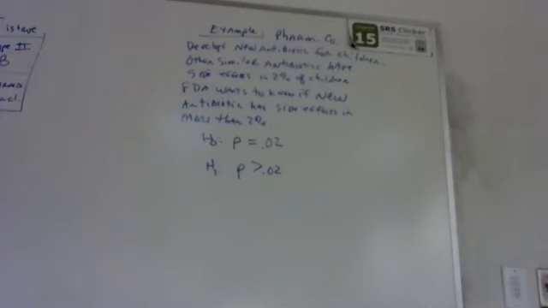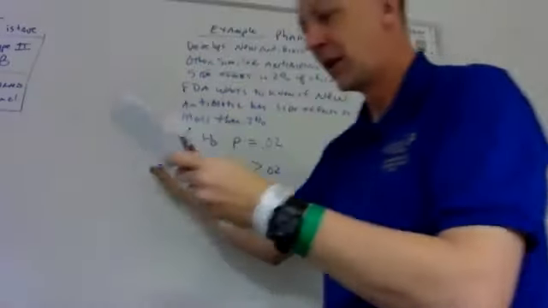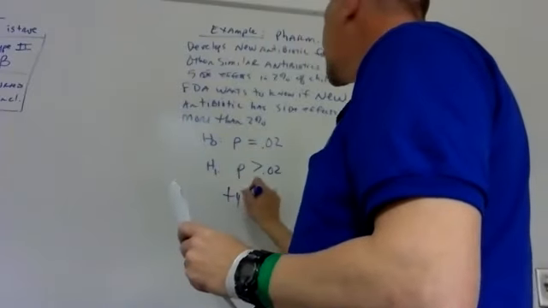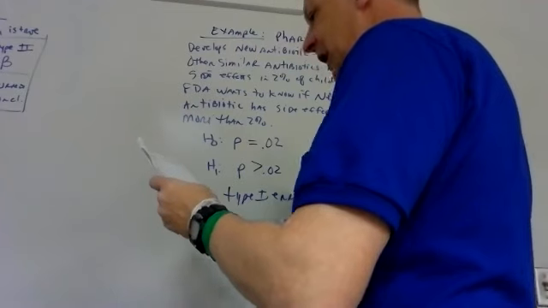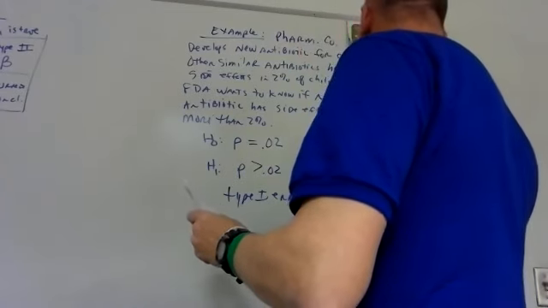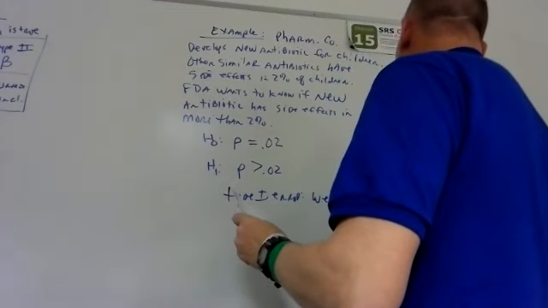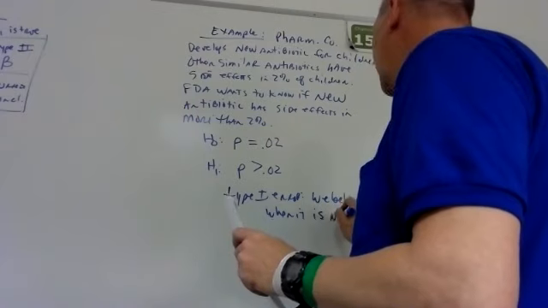Now, which is the better mistake to make? Let's say, for example, going back to the pharmaceutical company, I still have it over here. So the type 1 error in this case says we believe that P is greater than 0.02 when it is not.